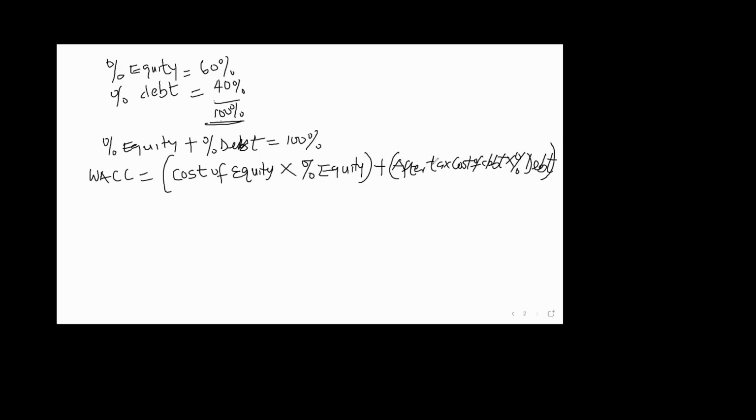I can now come here. Our WACC is equal to cost of equity 18%, percentage of equity 60%. You can take 0.6 or you can even put 60%, it doesn't matter.